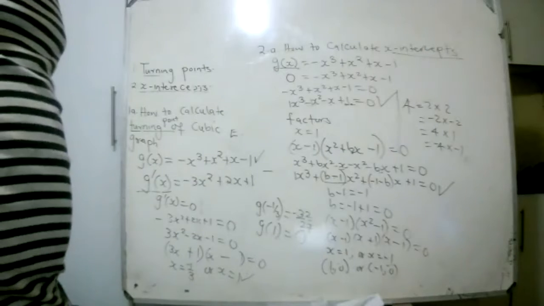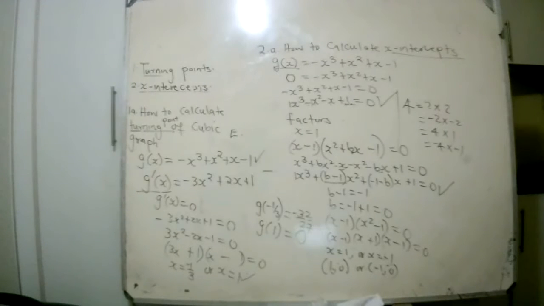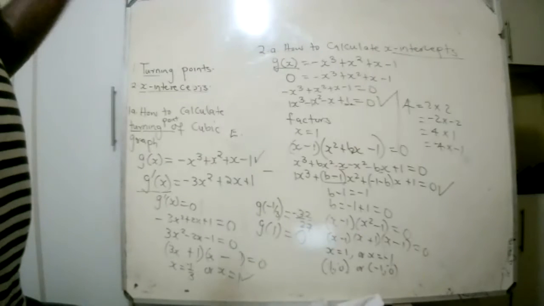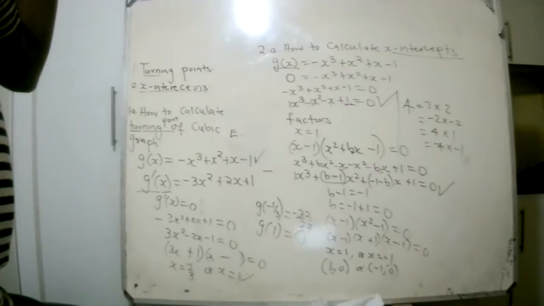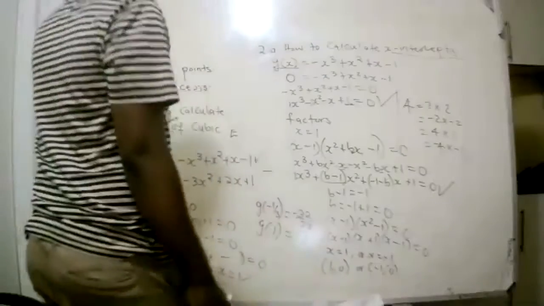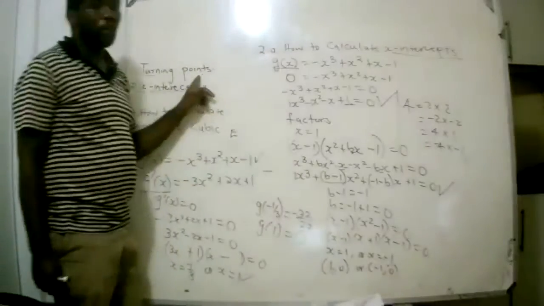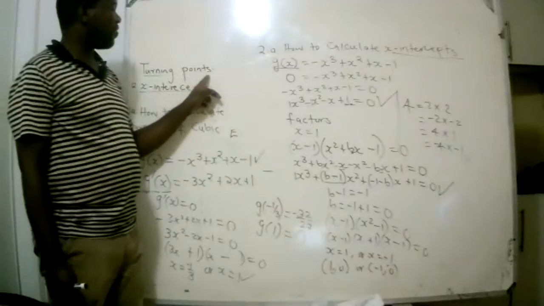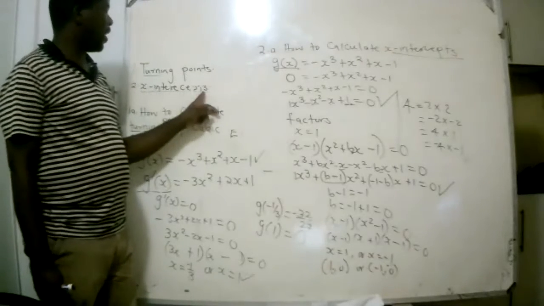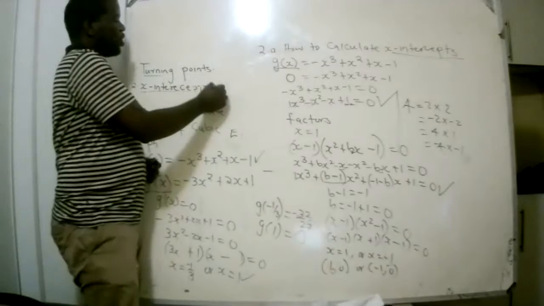I know we did not cover that fully. We are going to do more examples tomorrow with regard to this because it's very important. You must know how to deal with cubic functions. Today we have covered two major things. The first one is calculating the turning point, which you must go and revise. The second one is how to calculate the x-intercepts, which we did not cover fully.